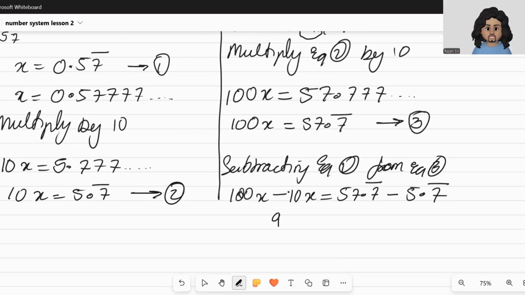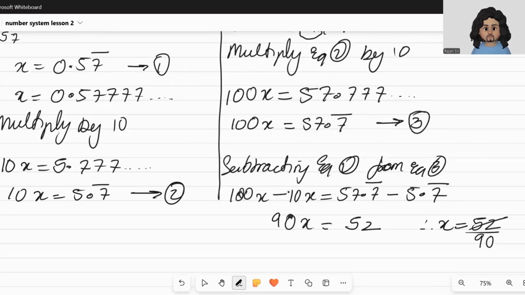So you get here 90x and here you'll get 52. So the x is 52 divided by 90. This you can cancel. You can get 26 upon 45. So the answer is 26 by 45, which is of the form P by Q.